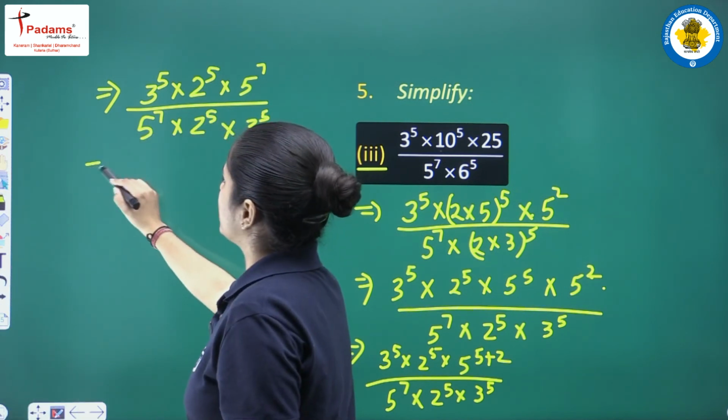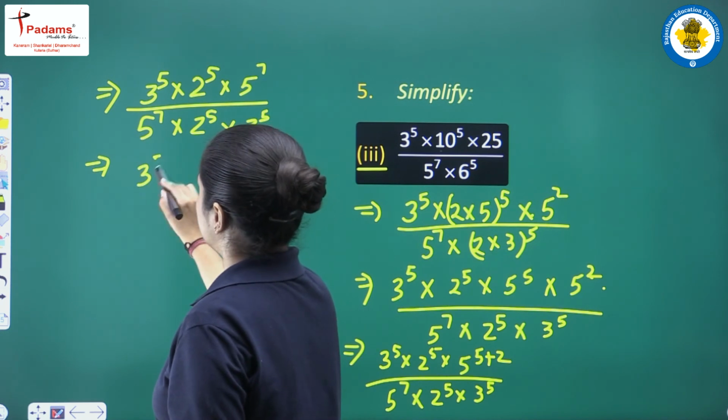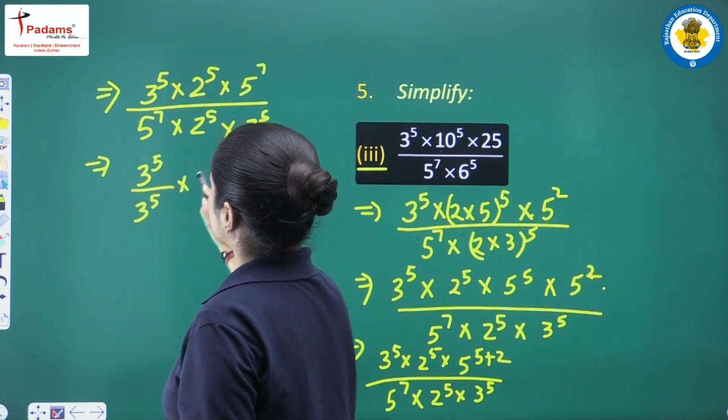Right? Now students, सिमिलर चीज के नीचे सिमिलर चीज लिखेंगे. हम ऐसे लिख सकते हैं ना, राइट?